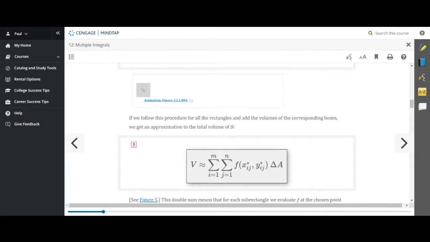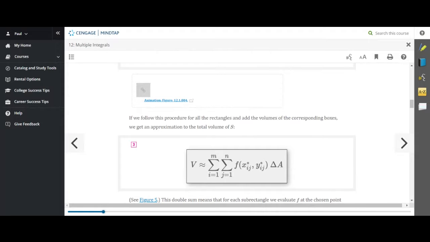Now, as you let the subrectangles get smaller and smaller, would this approximation for the volume get better or worse? If you make the subrectangles smaller, it'll get better, absolutely.